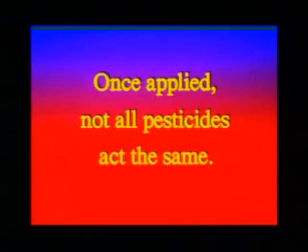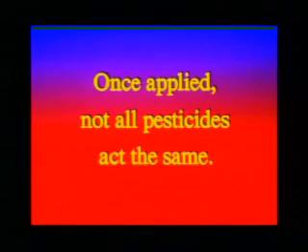If it attaches to the soil very tightly and we get a heavy thunderstorm and get erosion, then some of it can be washed down into the rivers and into creeks. And then sometimes we've even had, in a few isolated cases, some fish killed. So again, the need to be aware of the weather as best we can before we apply. One of the main points to make is that once applied, not all pesticides act the same.